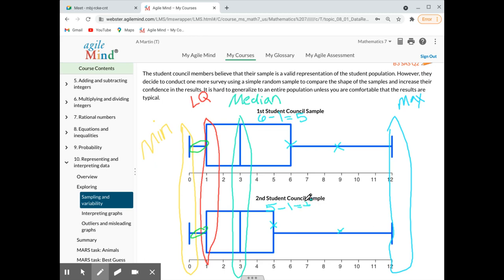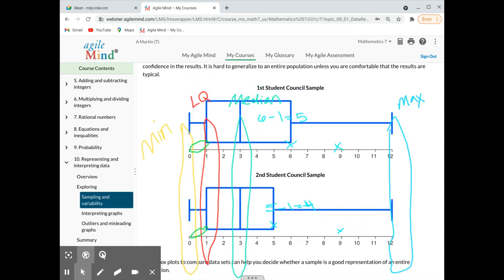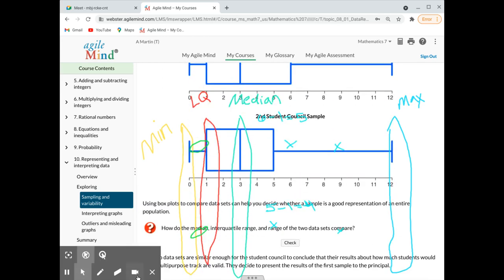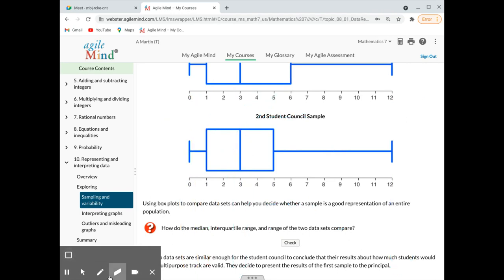So let's see if we can answer question number 2 from this. Question number 2 states, how do the median, the interquartile range, and the range of the two data sets compare? So if we were to put that in a complete sentence, what could we do?